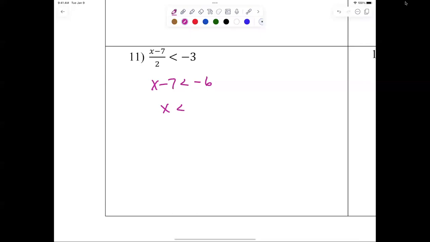X is less than 1, because negative 6 plus 7 is 1. Now, does everybody see how it's much easier to do this than do the number line? Hopefully you feel that way. Less than 1 means I'm going from what? Negative infinity to 1.